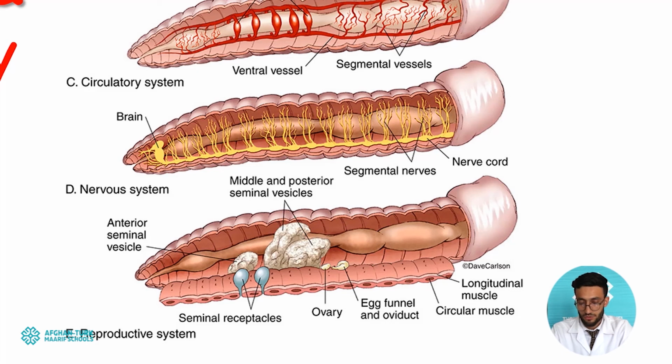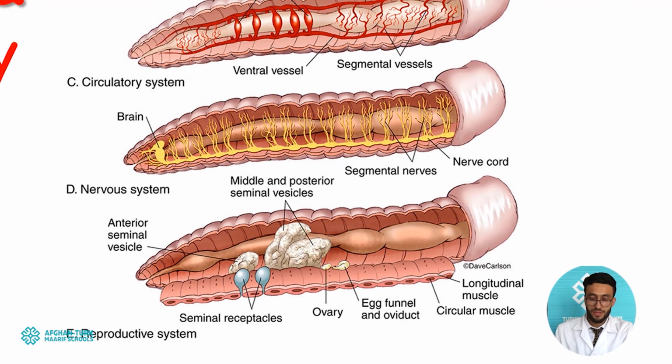Continuing along the body, you can see the nerve cord, which lies inside the body, and for each segment, or metamere, of the animal, a pair of segmental nerves goes out to carry information back to the brain and control different internal functions.